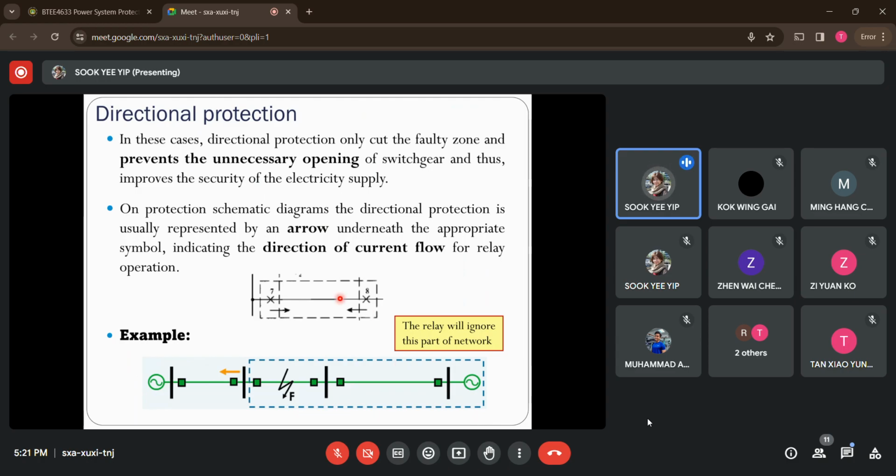But if it comes with an arrow like this, then we can tell that this is a directional relay. So it will only isolate those faults that occur within its sensing location. That's how we differentiate them in the circuit diagram.